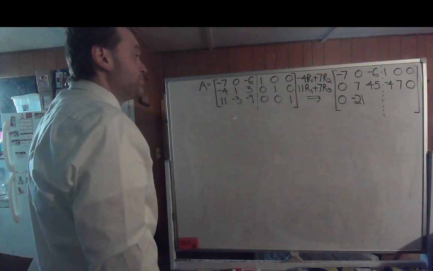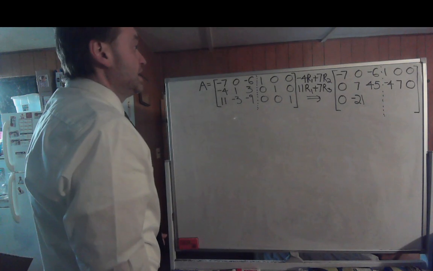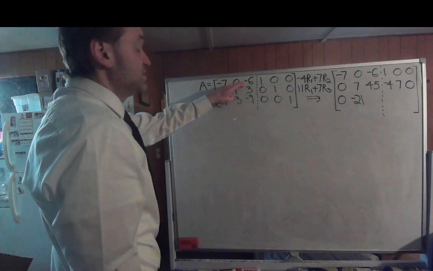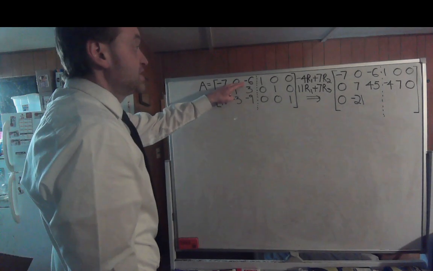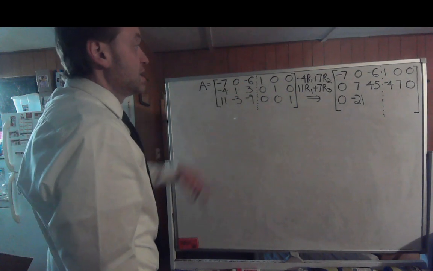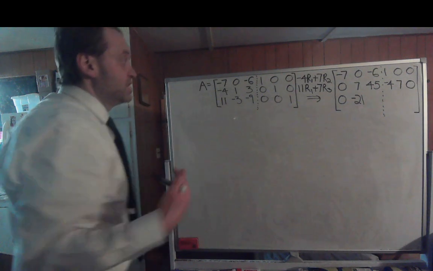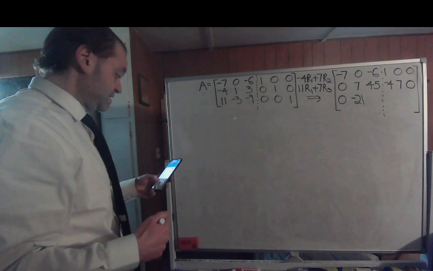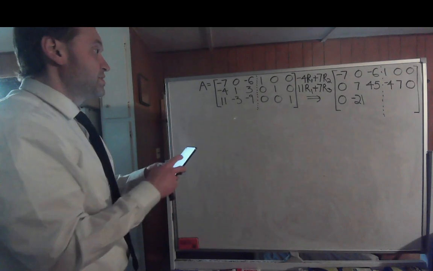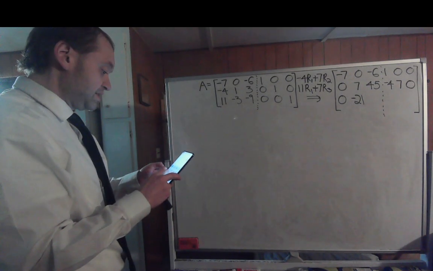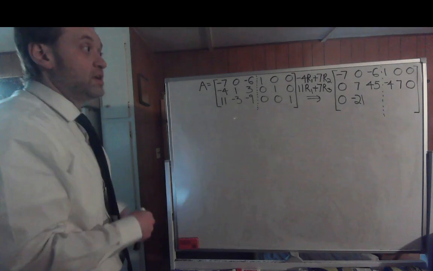And then, let's see, 11 times negative 6 is going to be negative 66, plus 7 times negative 9, that's negative 66 minus 63. So let's solve that. I get negative 129.